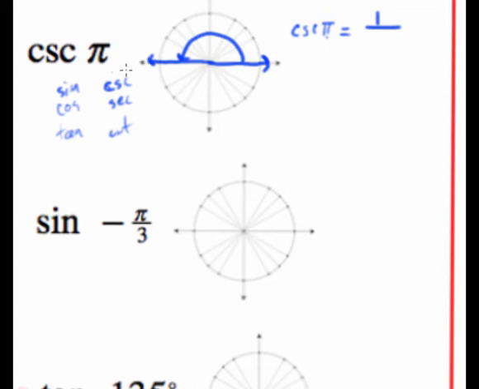What is the sine of pi? The sine of pi is the y value of the coordinate right here. The coordinate out here is -1, 0. So we put down here 1 over the sine of pi, and the sine of pi is 0. So it's 1 over 0, and you should recognize that you cannot divide by 0. I hate putting equals here, but it is undefined.